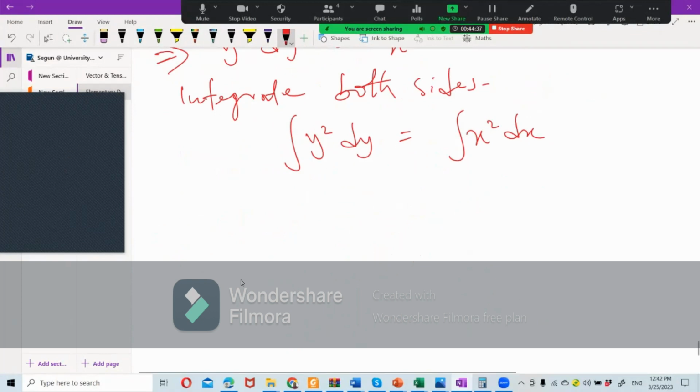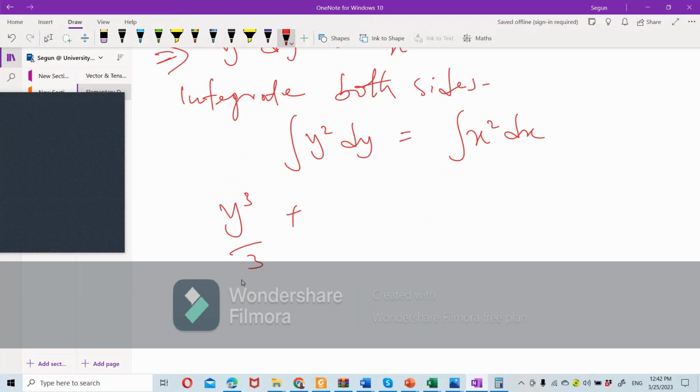You have y cubed over 3 plus C1 equals, remember I have to integrate this one, x cubed over 3 plus C2.